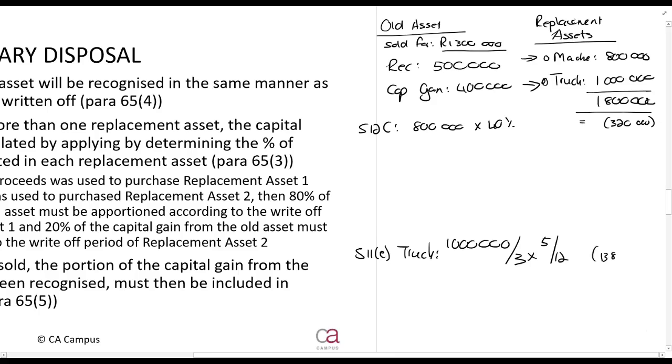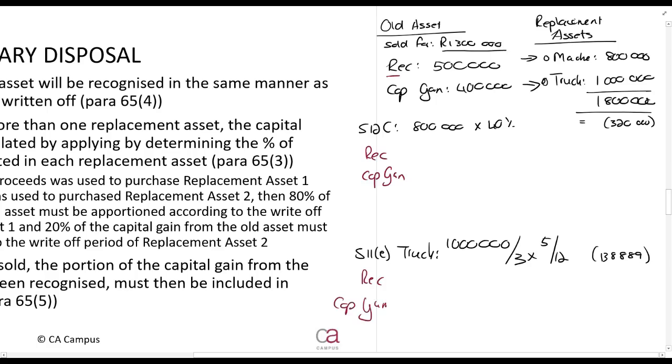Okay. Now, what I'm going to do with the recoupment and the capital gain is I'm going to have to apportion it between these two amounts.